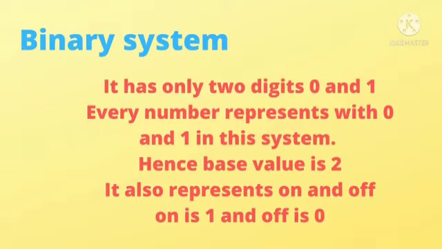Similarly, 0 we can also represent as false and 1 we can represent as true. Not only that, 0 means yes and 1 means no. So likewise, the computer will receive instructions from the number system. So the base value of binary number is 2.